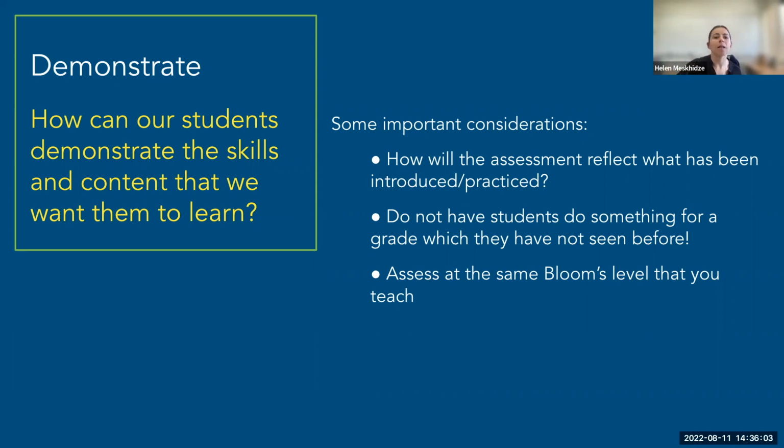And level meaning, are you at the same level of Bloom's taxonomy in the assessment as you were in the introduce and practice steps? At the same level or lower is what I would say makes for a good assessment. If you ask them to suddenly create something when they haven't been creating anything all quarter, that might not go as well.